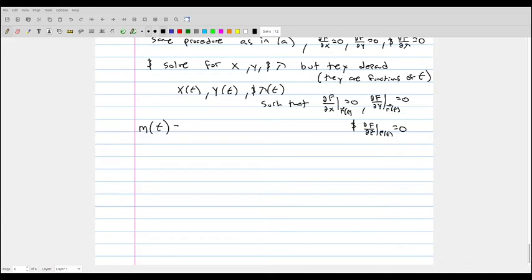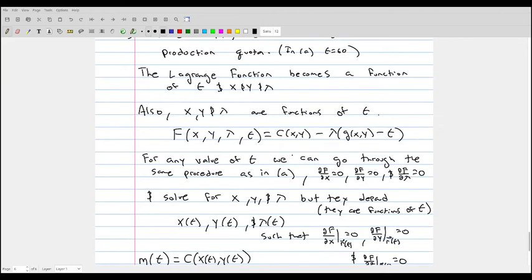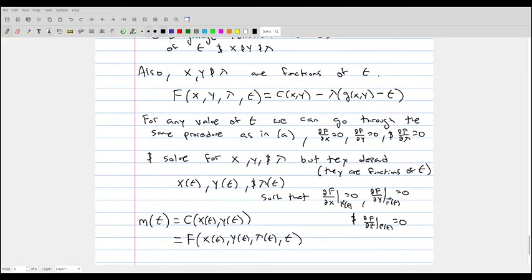Specifically, it'll be the cost function at x of t and y of t, which is the same thing as the Lagrange function at x of t, y of t, lambda of t, comma t, because the Lagrange function satisfies equation 3, which is that the constraint term holds, or g of xy minus t is 0.